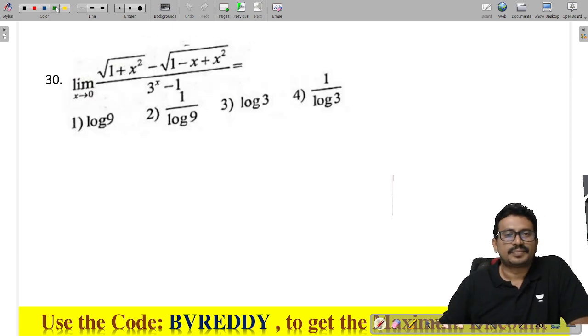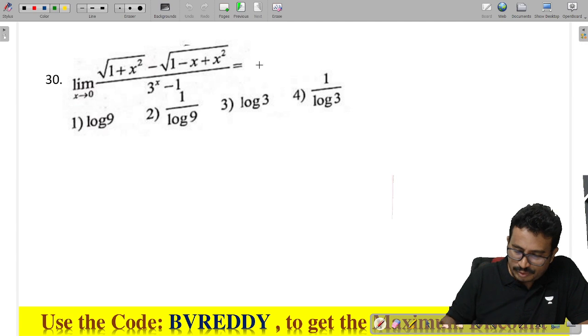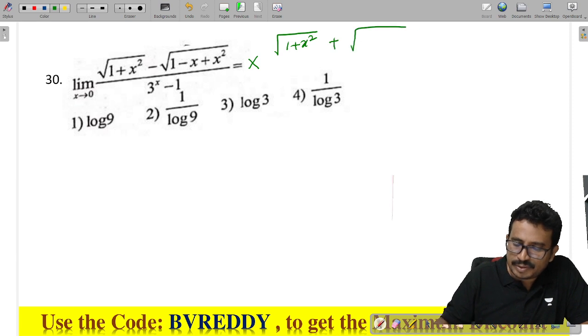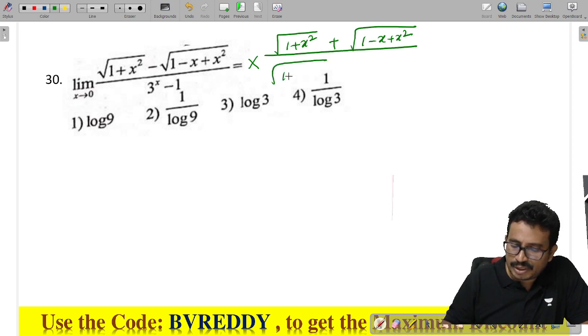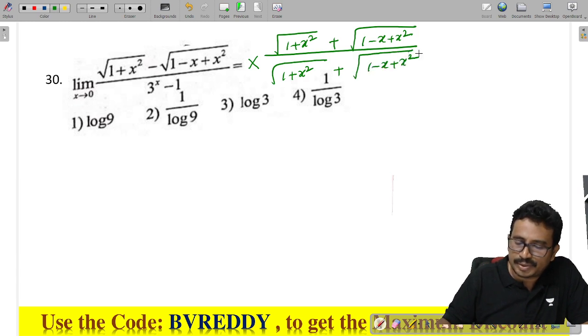Next. Now what we can do here in this problem is rationalize the numerator. So I multiply the numerator and denominator with square root of 1 plus x square plus square root of 1 minus x plus x square.